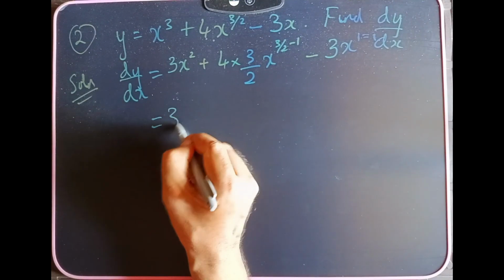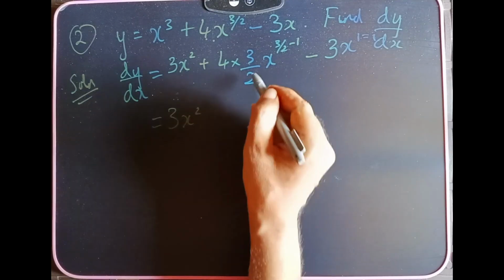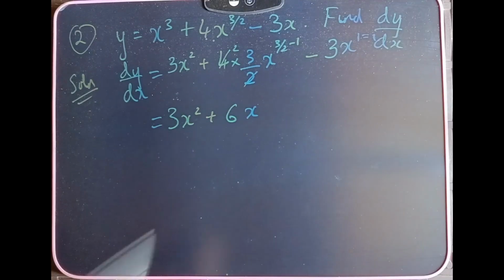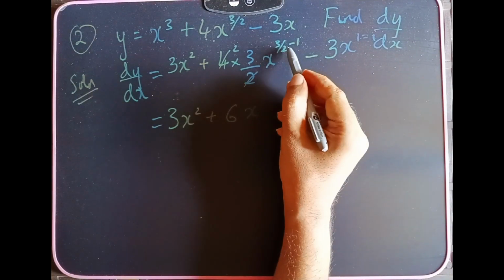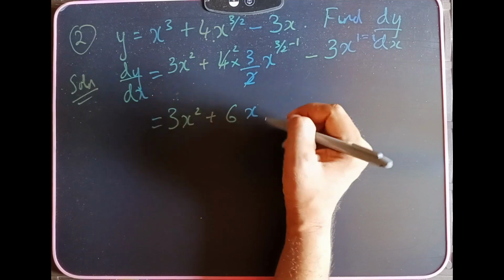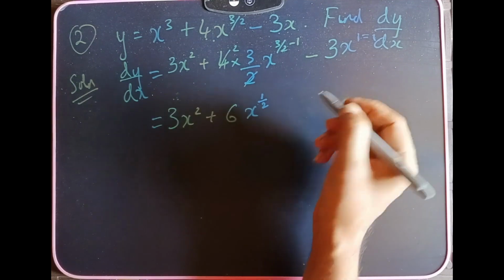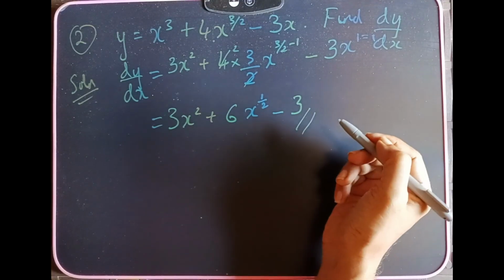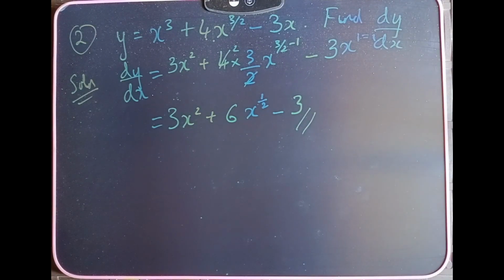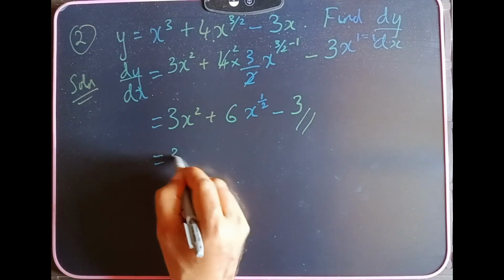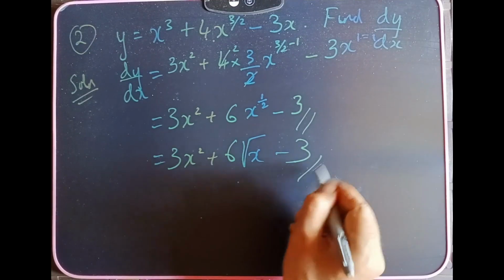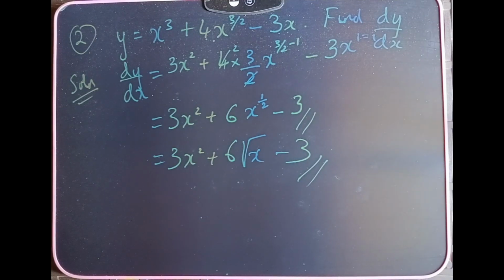So what will you get? 3x squared plus 6x raised to power of 3 minus 2, 1 by 2, minus 3. This is going to be your answer. Okay. So this can be also written as 3x squared plus 6 root of x minus 3. So now that we have solved two problems, let us go to one more problem we'll see.